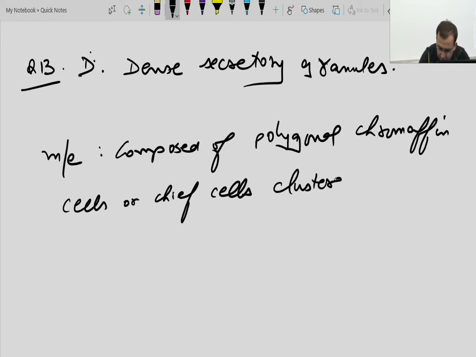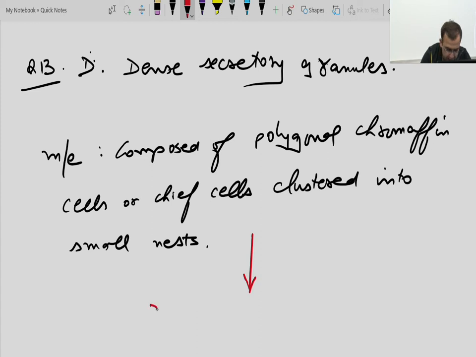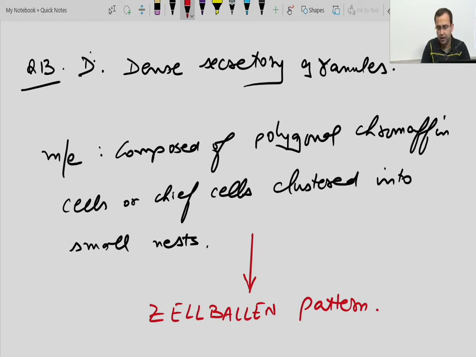This is called the classical Zellballen pattern. It is clustered into small nests with a rich vascular network.